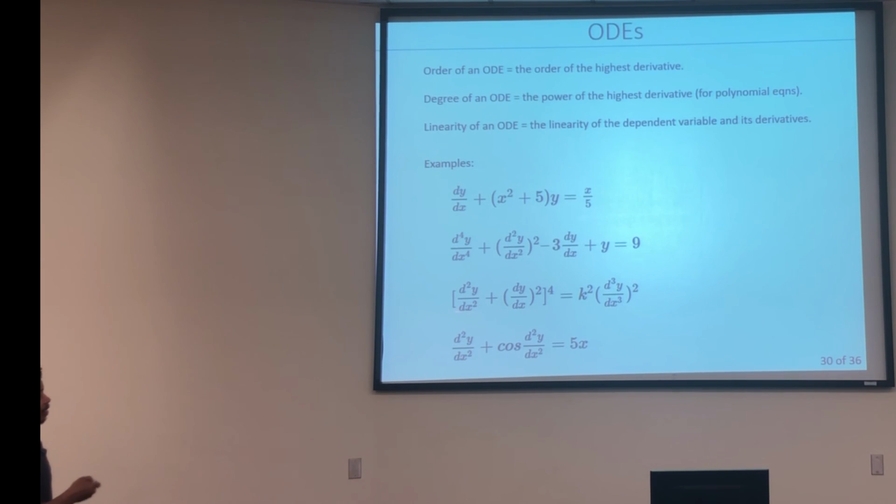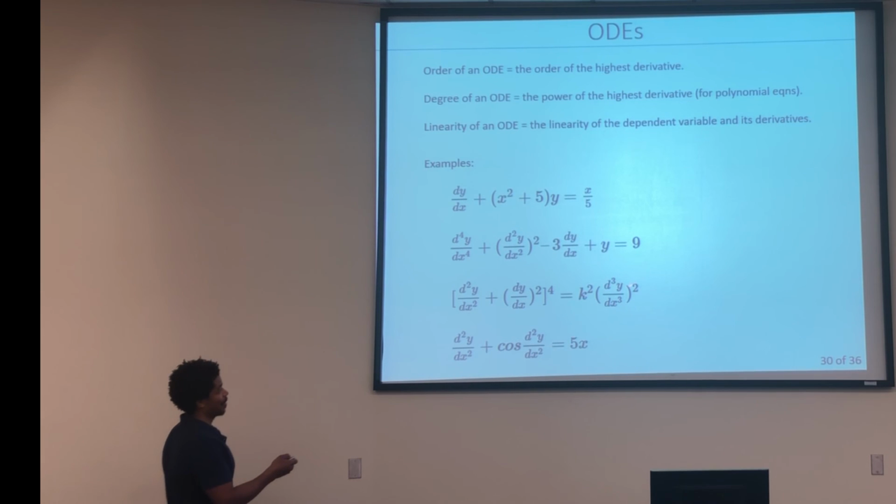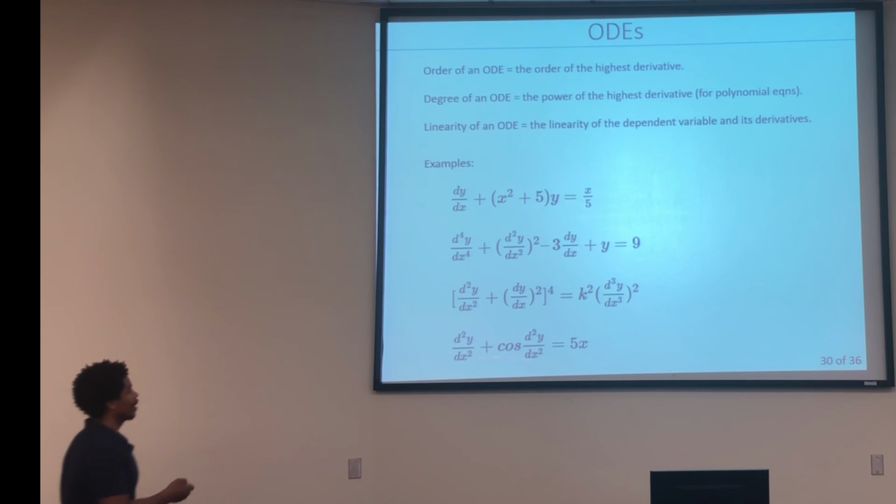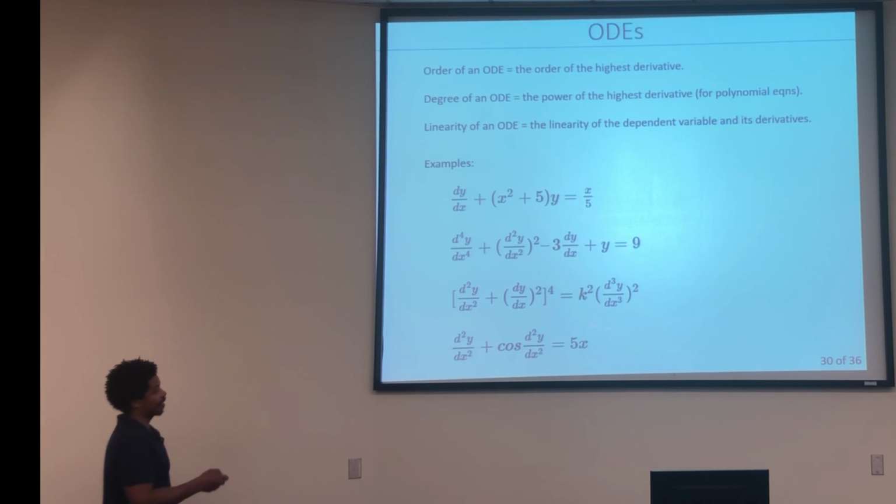What about this? Linear or nonlinear? I thought this was easy for linear. Well, it's nonlinear, because this is raised to the 4th power, and that's raised to the 2nd power. What about this right here? Linear or nonlinear?